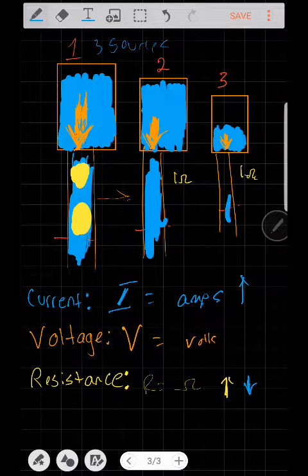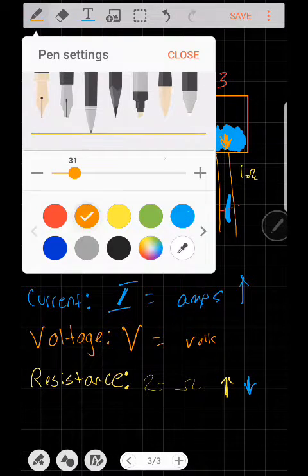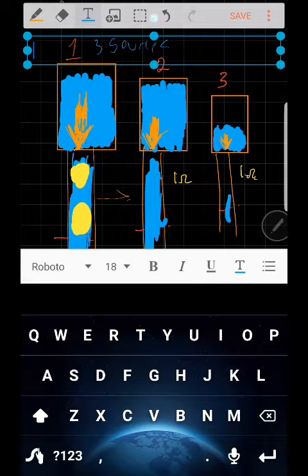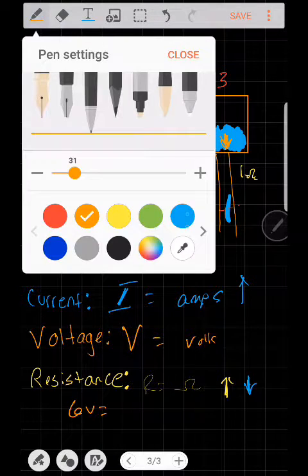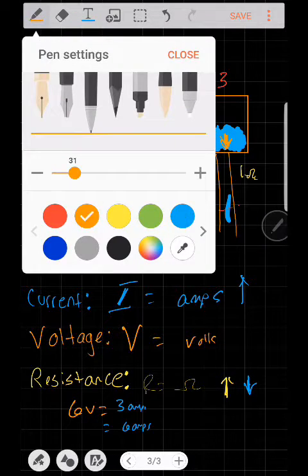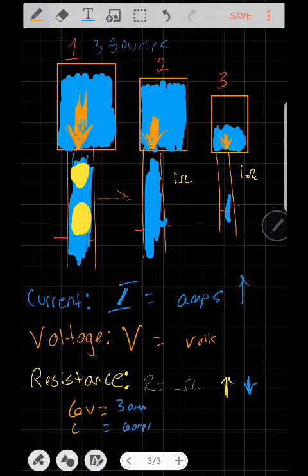So for instance, let's give it 2 examples. If volts are 6 volts, let's call it a current of 3 amps here. And let's call it 6 amps here. Let's go back to 6 volts, because my voltage is not going to change.